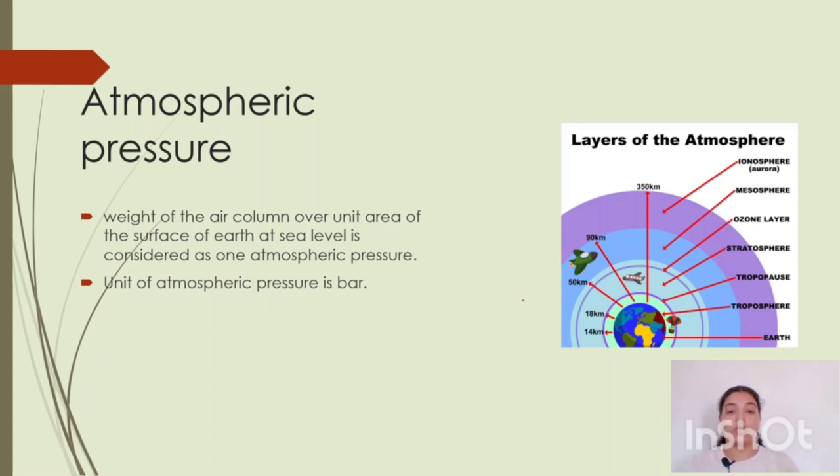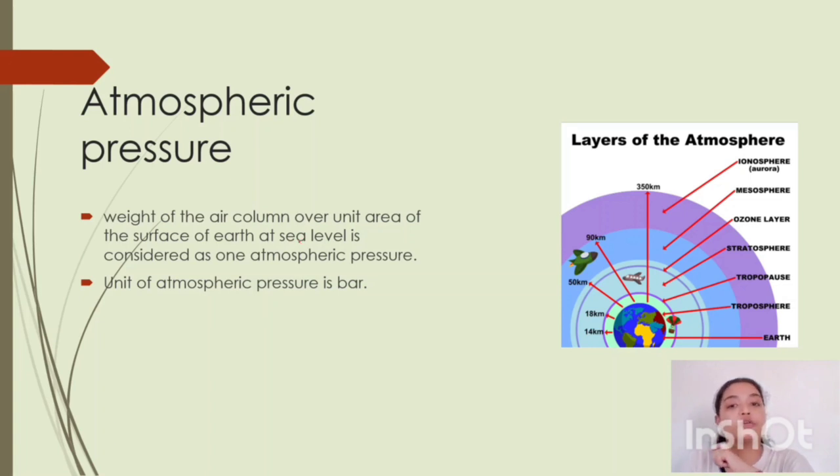Earth is in the center and the envelope of air surrounds it. Air is made of gases, and gases also have some weight. So the weight of the air column on the surface of the earth applies a pressure. That pressure is known as atmospheric pressure.